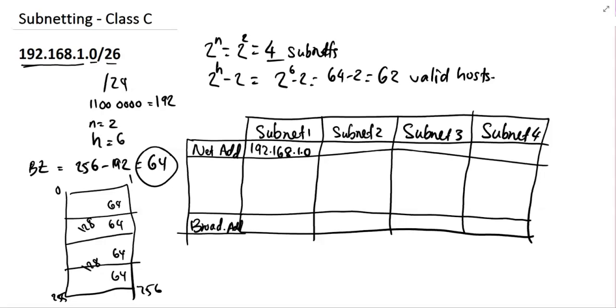So if I start the first one from 0 to 63, let's do the center to make it easy. 0 up to here, and if you check the normal numbers, it will be 1 up to 64, to 128, to 192, and then 256.